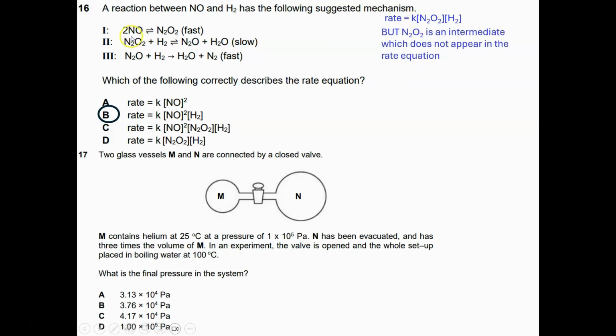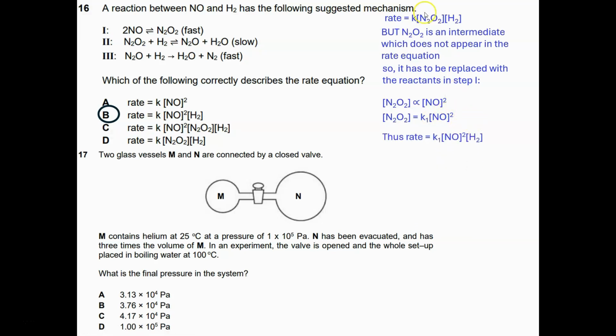So the rate of forming N2O2 in turn is dependent on this fast step 1, which produces it. So we need to replace it with the reactants in step 1. Since the concentration of N2O2 is directly proportional to the concentration of NO squared, we can rewrite this as the concentration of N2O2 equals k1 multiplied by the concentration of NO squared.